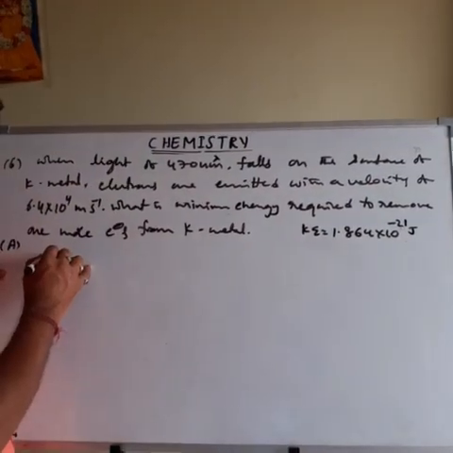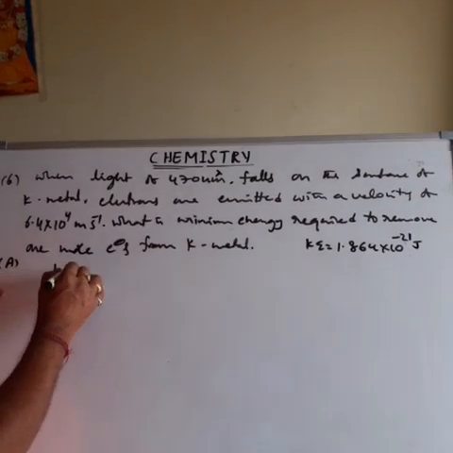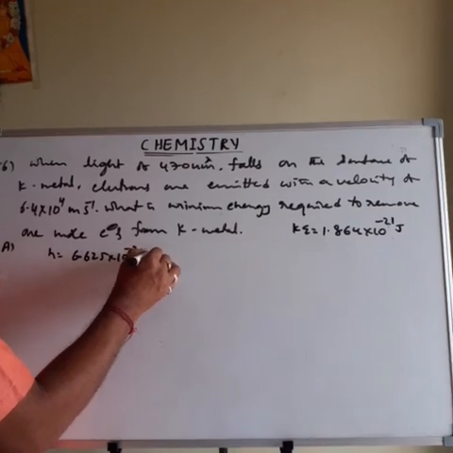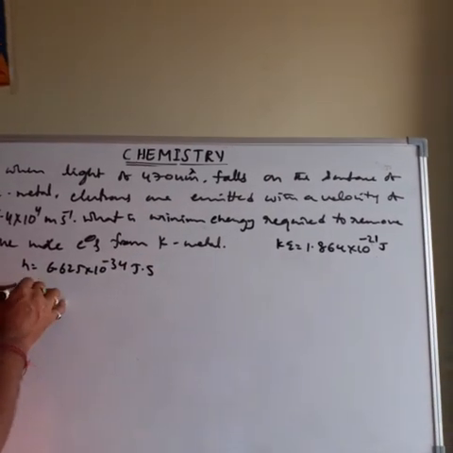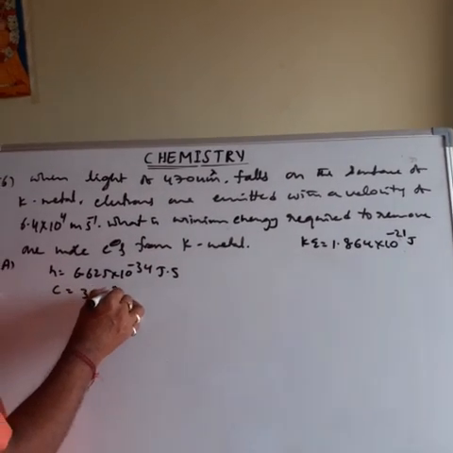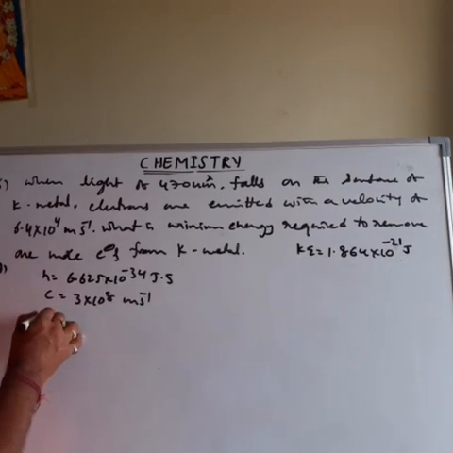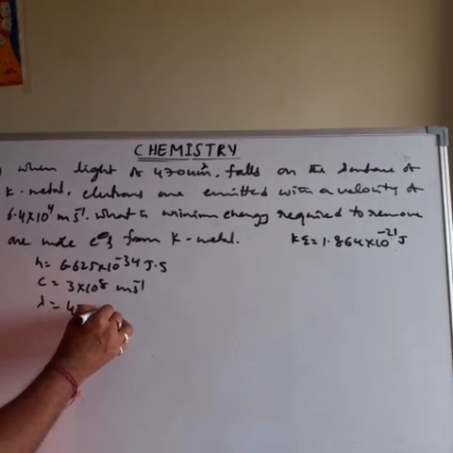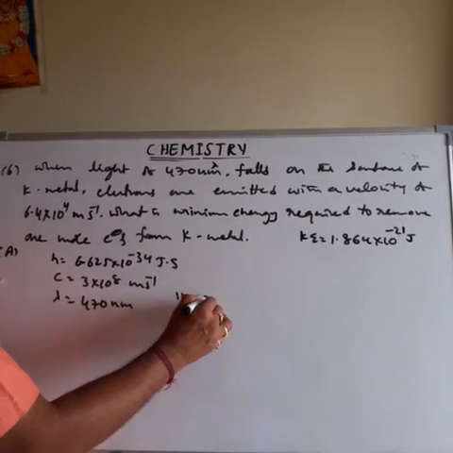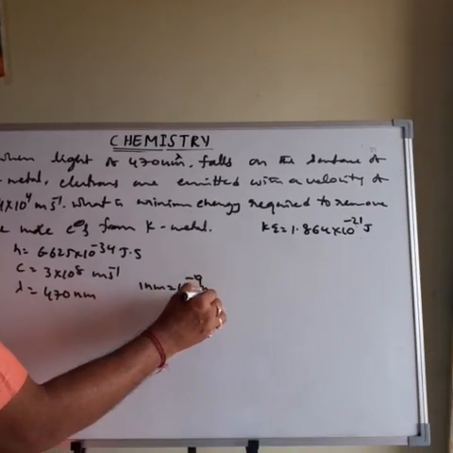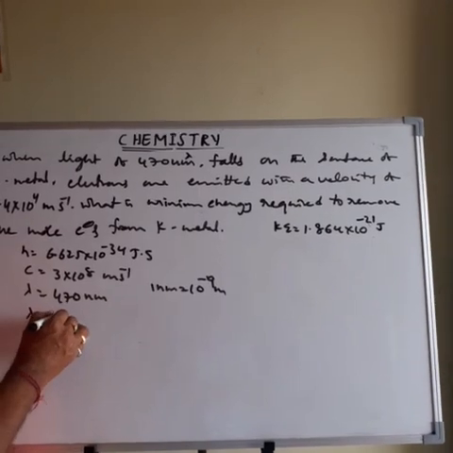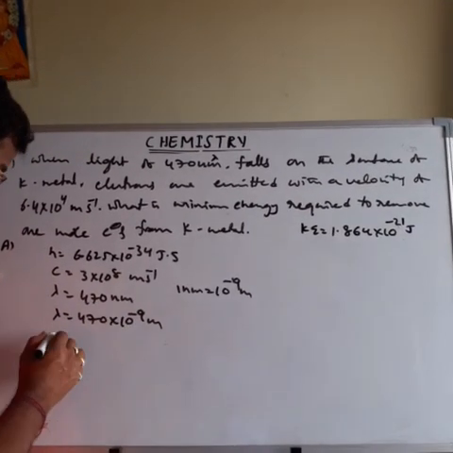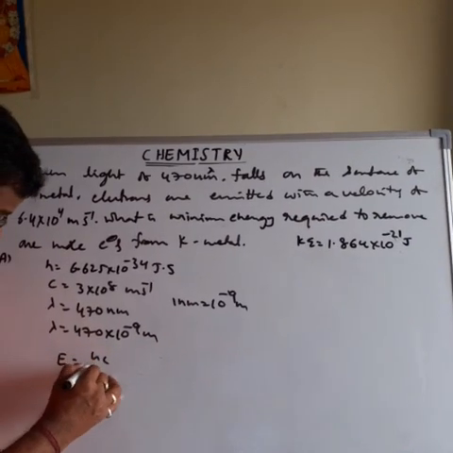Next is H value, 6.625 into 10 power minus 34 joule second. C value is 3 into 10 power 8 meter per second. Next lambda value is 470 nanometers. 1 nanometer is equal to 10 power minus 9 meter. Therefore lambda is equal to 470 into 10 power minus 9 meter. Then energy formula E is equal to hc by lambda.